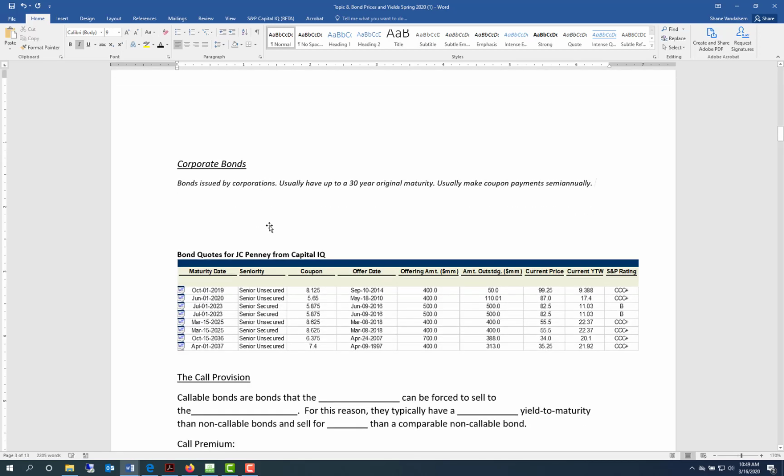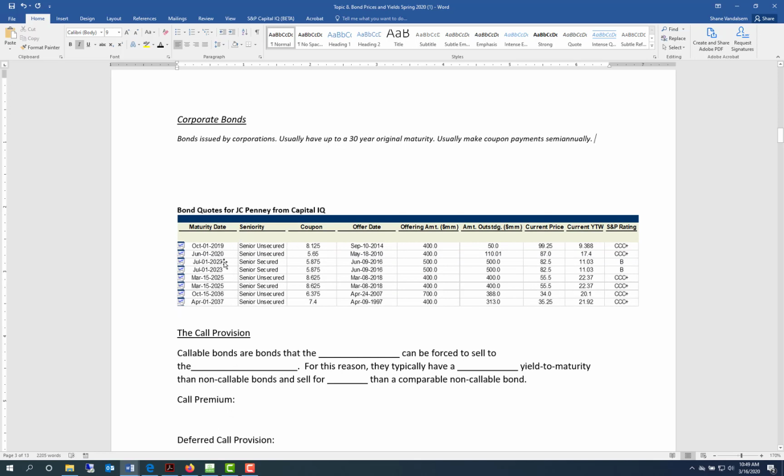So down below I've got bond quotes for JCPenney, and this came from February 2019 as well. And so what we've got here is the seniority, which we'll talk about a little bit later. You can see that these are all senior bonds. They're either unsecured or secured.